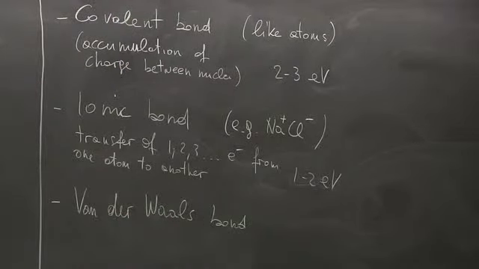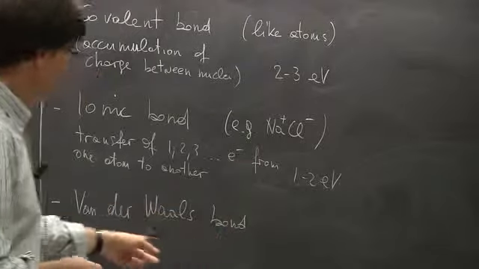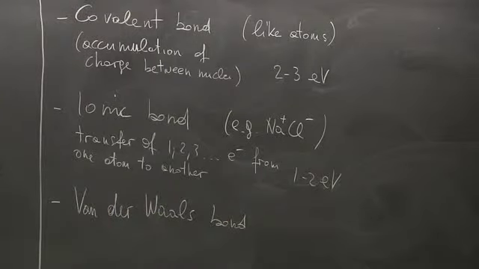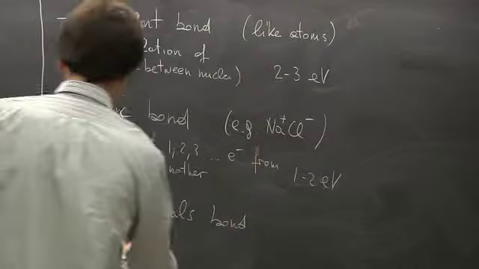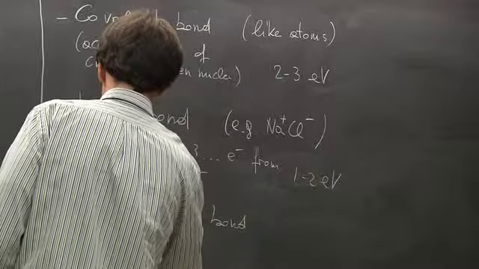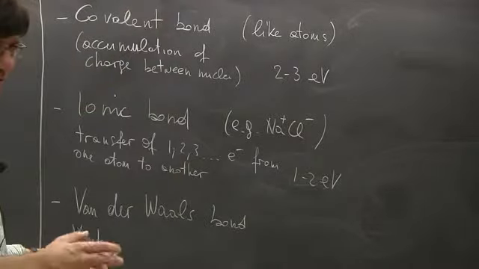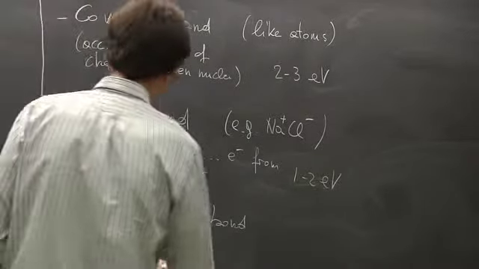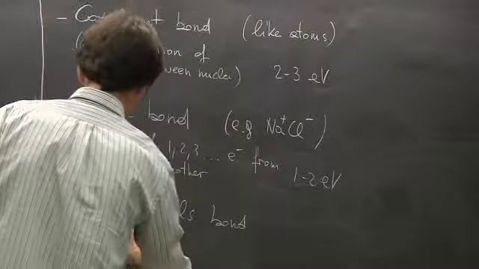Noble gases don't like to move their charge around. They remain neutral, whatever you do. And so the kind of interaction that they have is this so-called van der Waals interaction. This is a weak interaction, not weak in the sense that it's a weak force, but weaker than the other ones.